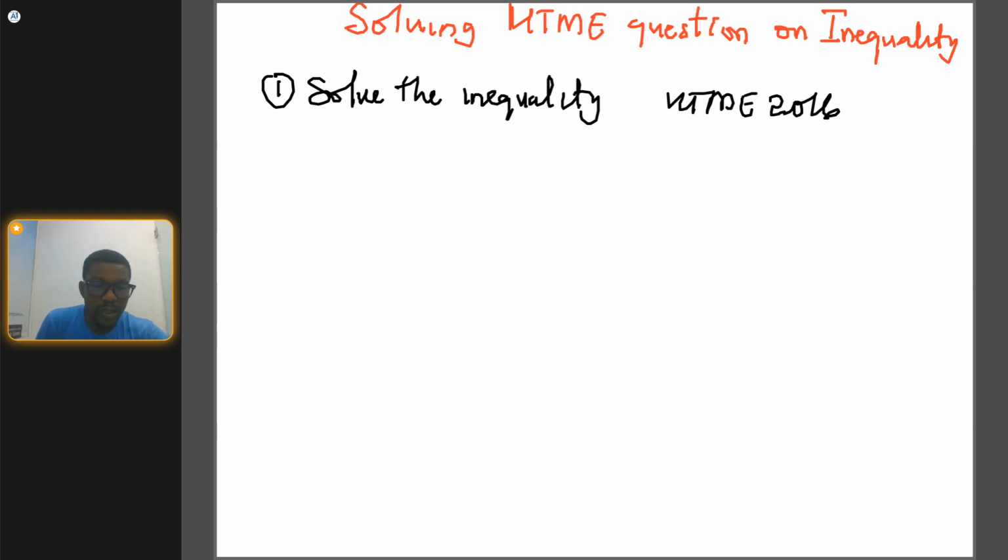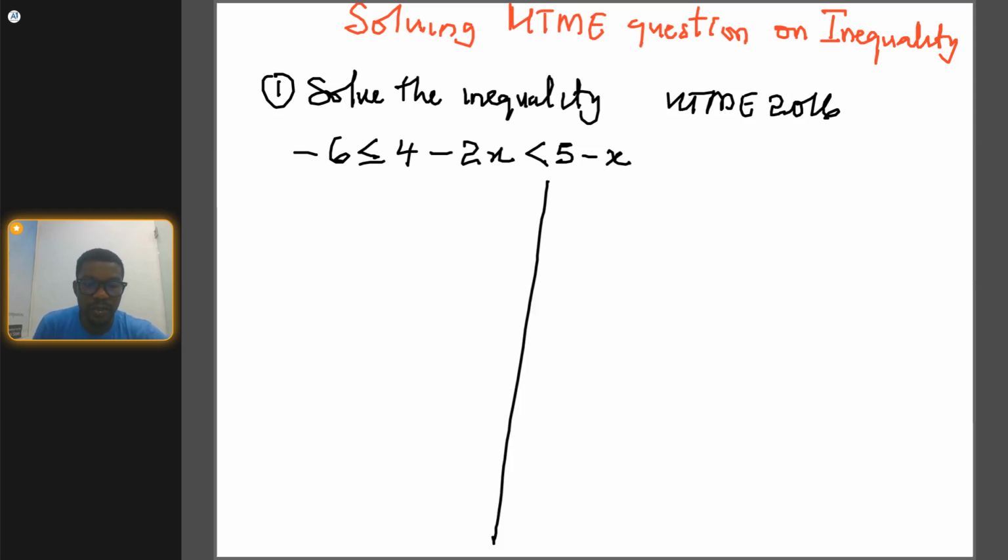Solve the inequality: minus 6 less than or equal to 4 minus 2x less than 5 minus x. Okay, that's the question. Let's go ahead to solve this question together.